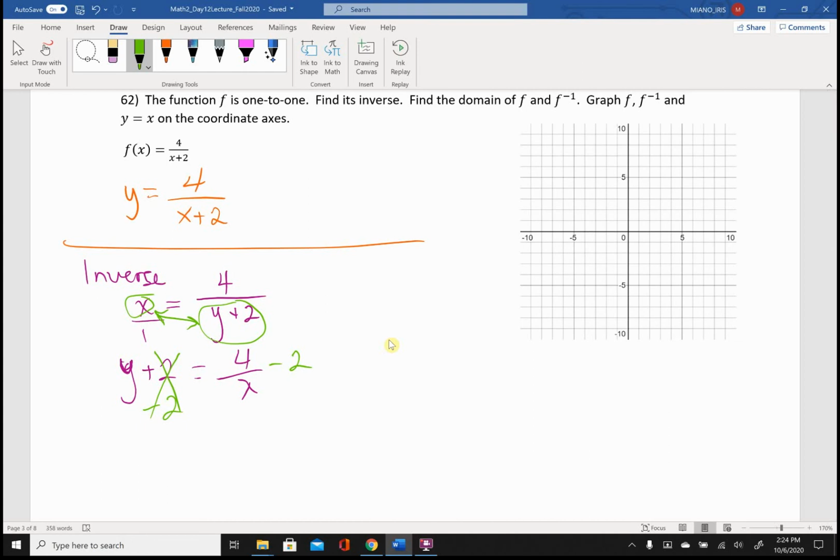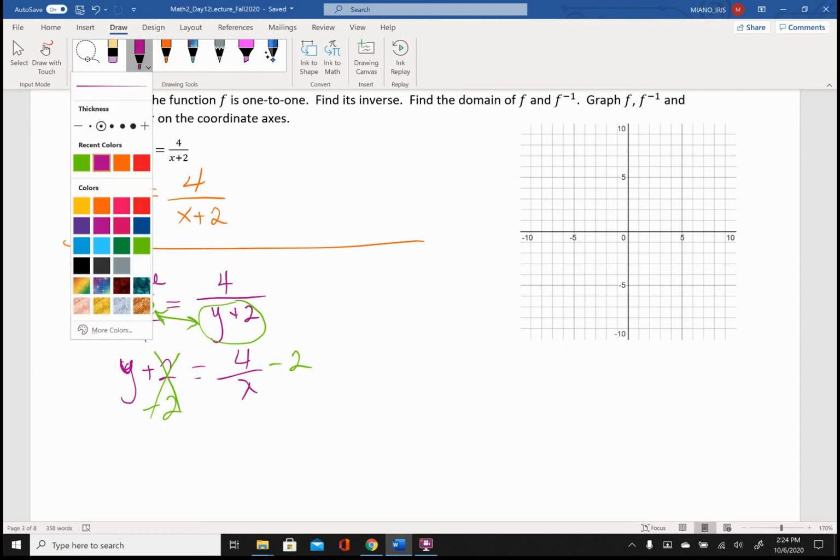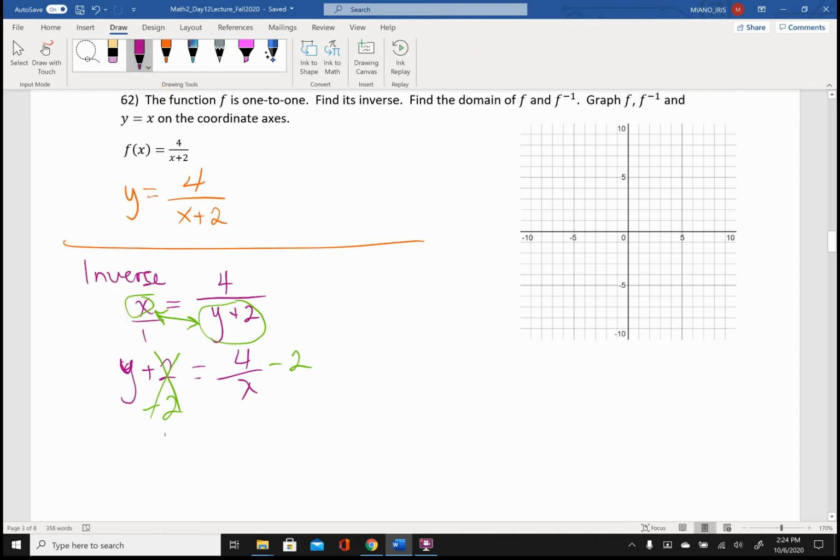We were subtracting 2 from both sides, and that's going to give us our function inverse. So that'll be y equals 4 over x minus 2. But it's not in the appropriate notation, right? So we need to take the next step of putting this in the appropriate notation, which will be not f of x, but f inverse of x.